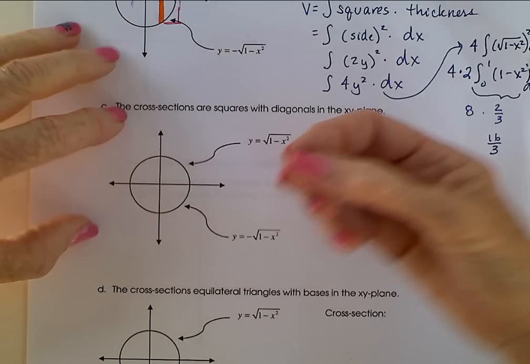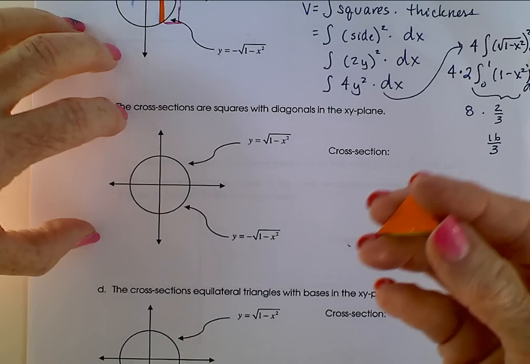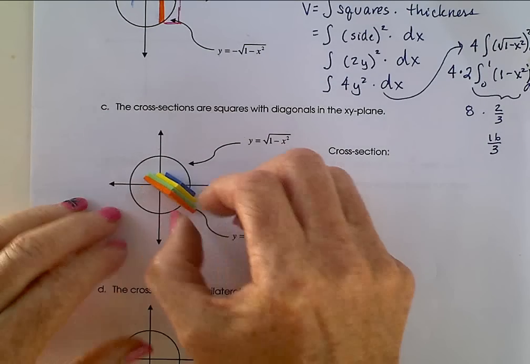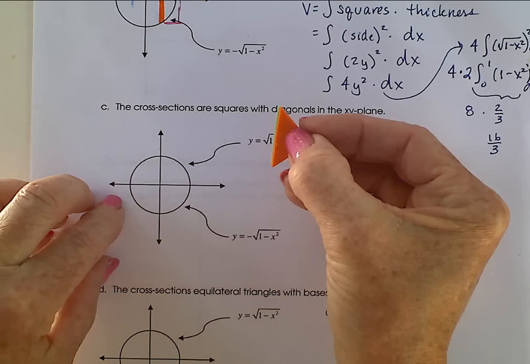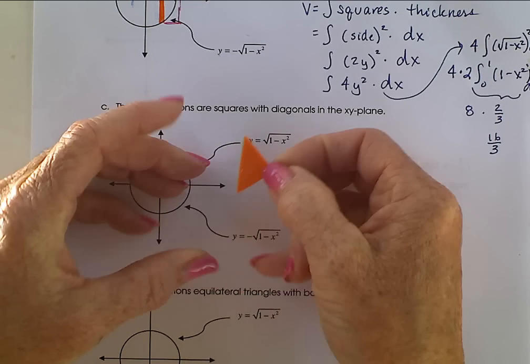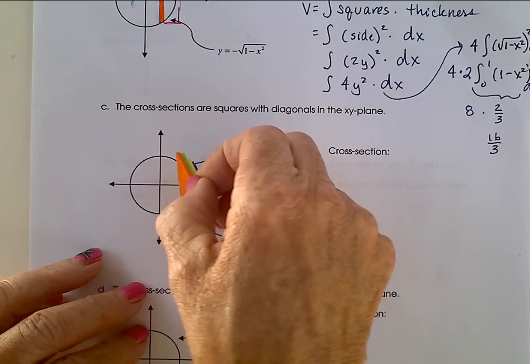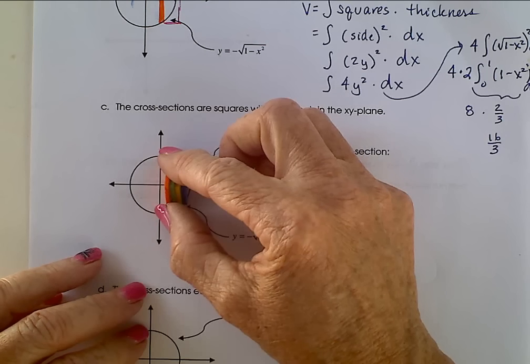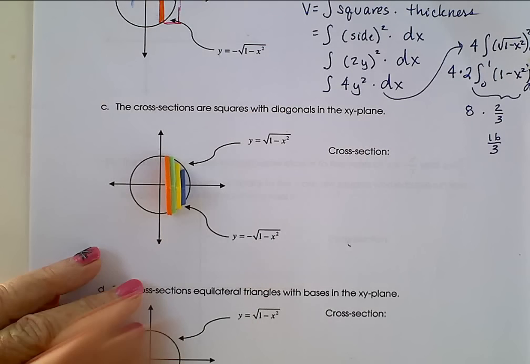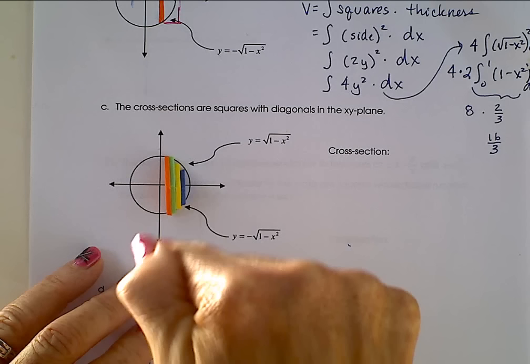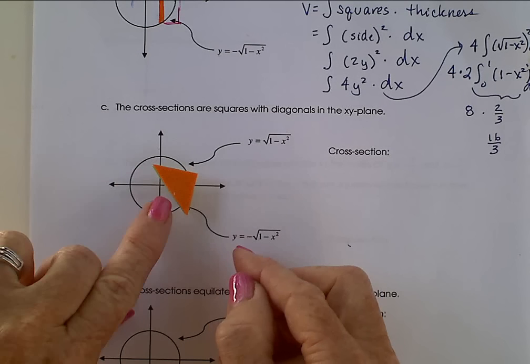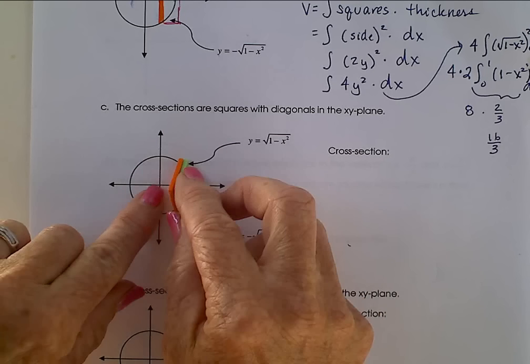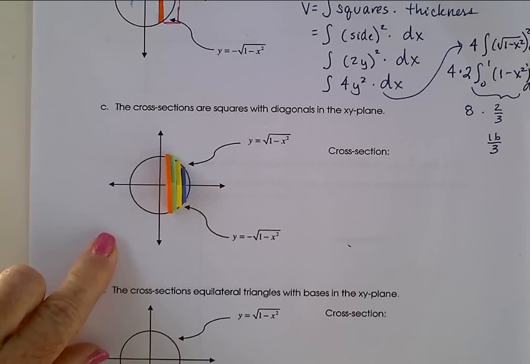Now I can't go through the page, but if I had something like this, so there's kind of half of that square, and I've cut it so that it's standing here. Now you kind of have to imagine that the other side of the square is underneath the paper, going down underneath the paper. There's the diagonal of a square right here. The diagonal is sitting in that XY plane like that.